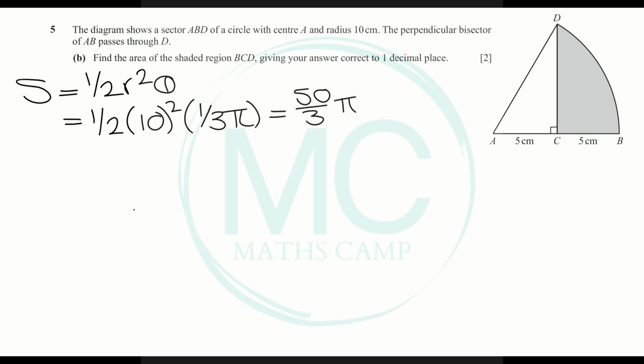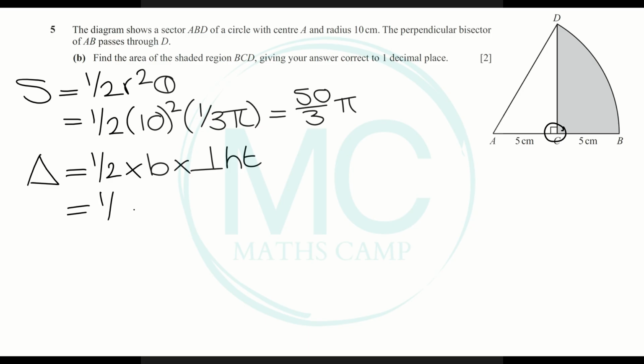Now we need the area for the triangle. And we can see that C is a 90-degree angle. So for the triangle, we can use the formula 1 over 2 multiplied by base multiplied by perpendicular height. So we have 1 over 2. Our base is 5, so say multiplied by 5.